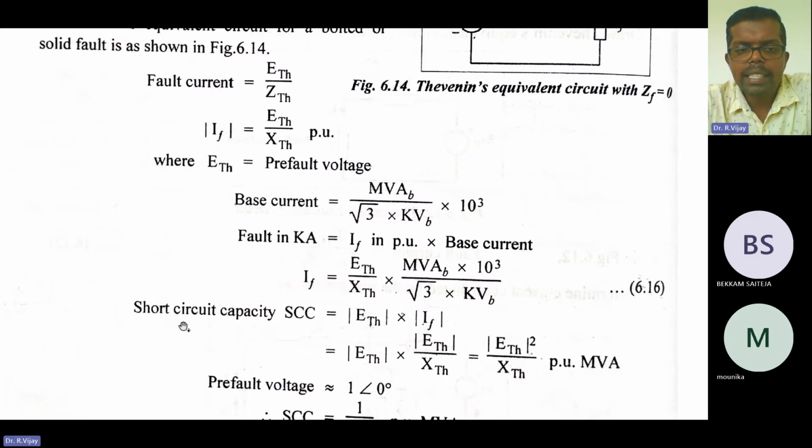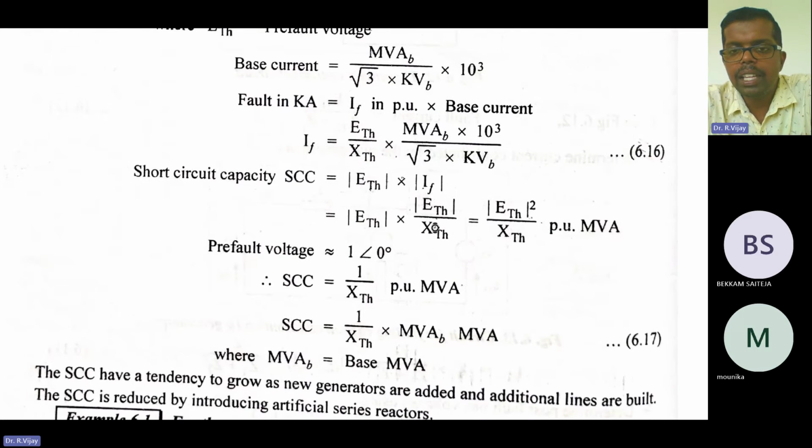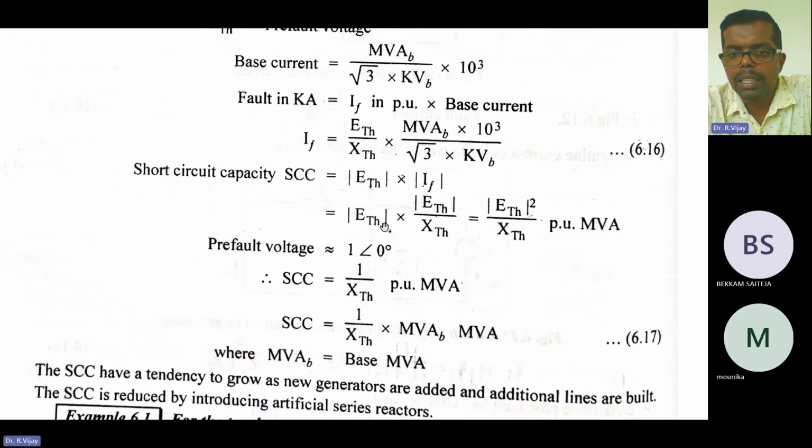Okay, so next is short circuit capacity. Short circuit capacity SCC is equal to Z Thevenin into IF, that is, into the fault current, which we have already calculated. Just substitute it in this equation.